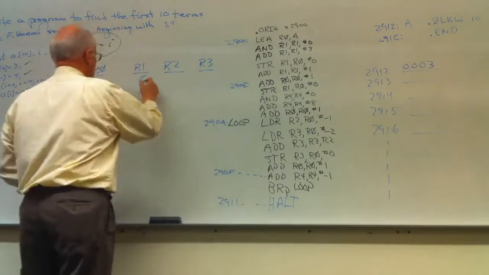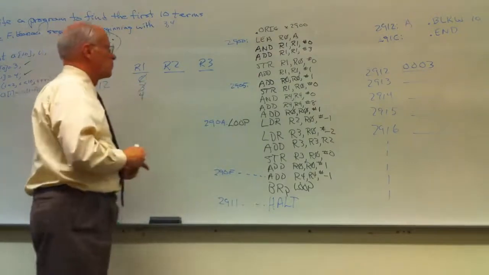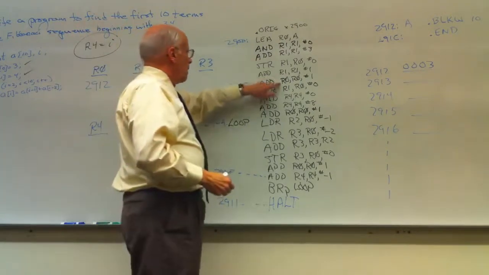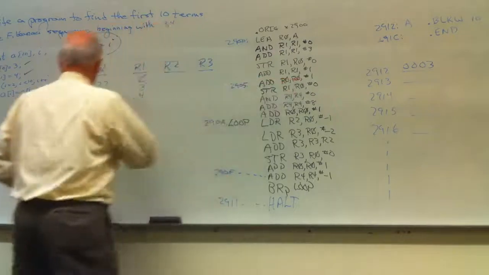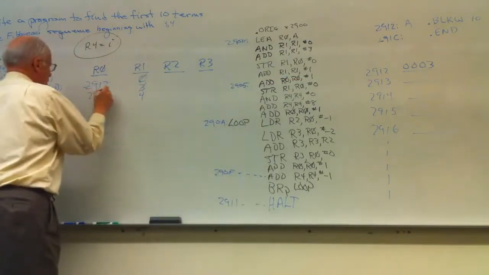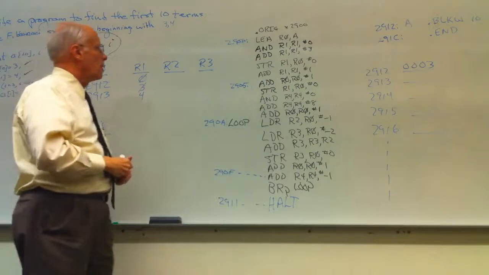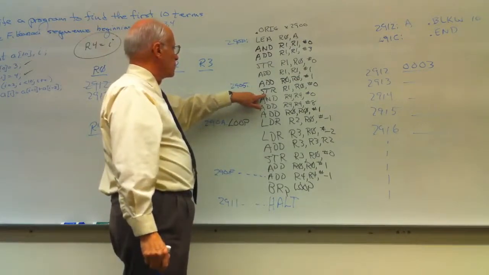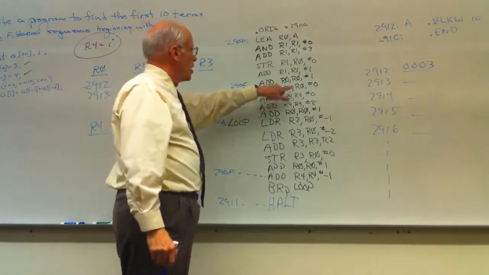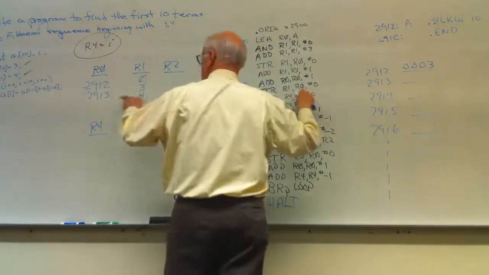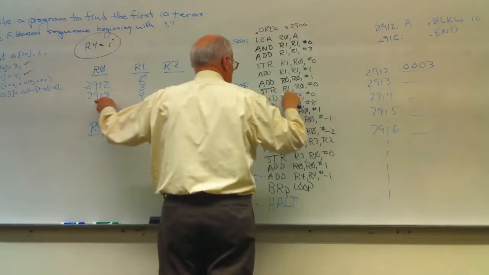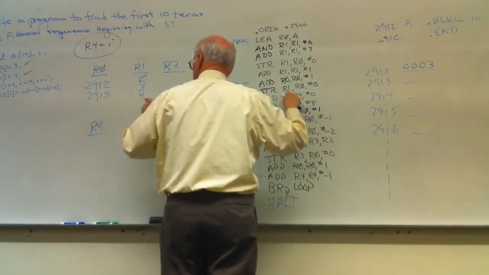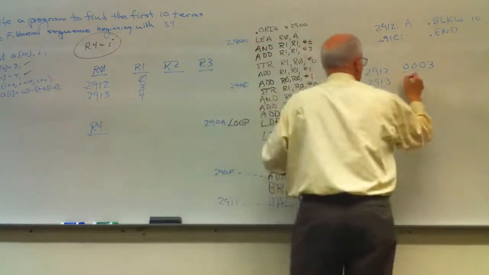Add 1 to register 1, 4. Add 1 to register 0, 2913. Now this says add 0 onto register 0, so I get 2913, and store the contents of register 1 out there.